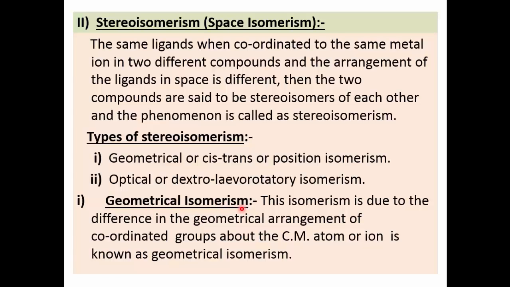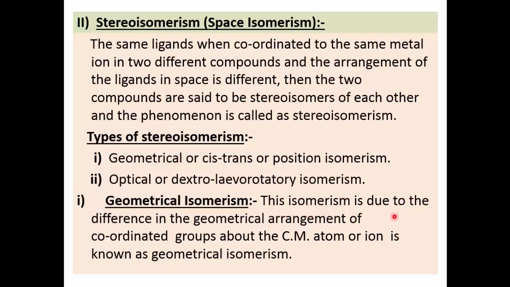What is geometrical isomerism? As the name indicates, this isomerism is due to different geometrical arrangement of ligands around central metal ion or atom. Then those isomers are called as geometrical isomers, and the phenomenon is called as geometrical isomerism.